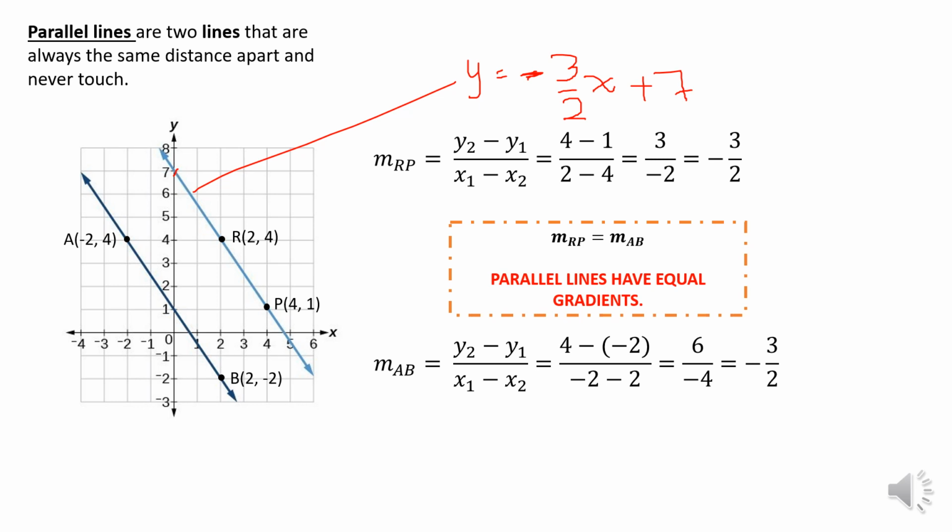And this particular one here has the same gradient, so the equation will be y equals negative 3 halves, or negative 1.5, x, and it cuts the y-axis at 1. So the only difference between these lines is where they cut the y-axis, the y-intercepts. Otherwise, their gradients are very much equal. The gradient here is negative 1.5, and the gradient of this one here is negative 1.5. So for parallel lines, very important, their gradients are equal.